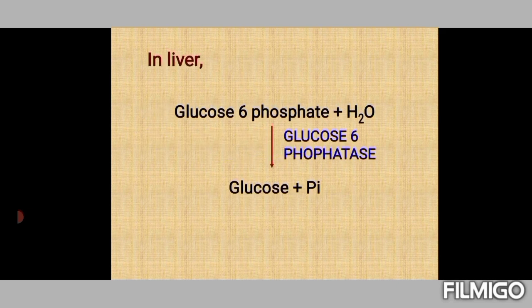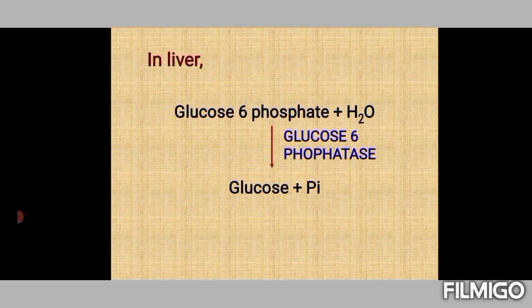What happens in liver is that liver cells are unique in that they have this glucose 6-phosphatase enzyme. This is unlike muscle or, let us say, brain cells where this particular enzyme is absent. The presence of this enzyme in liver helps liver to convert glucose 6-phosphate to glucose.